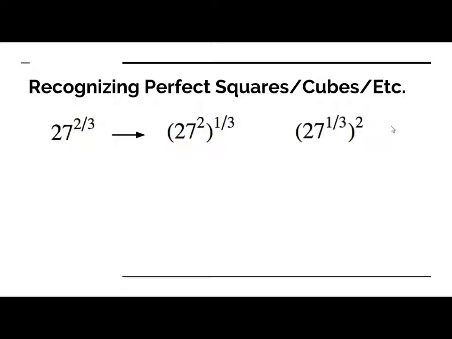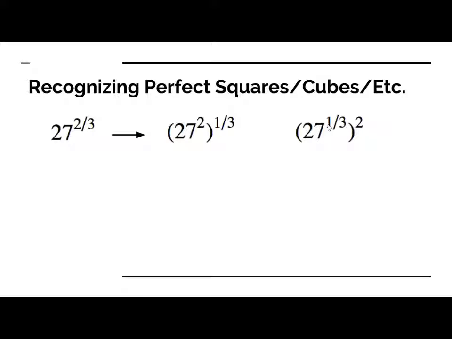And you might be wondering, well, why even bother to talk about it? The only benefit here is if you weren't going to use a calculator, if you were going to try and speed up the process, I have no idea what 27 squared is. It's just not something I have in my memory bank. However, 27 to the 1/3 power is the cubed root of 27.